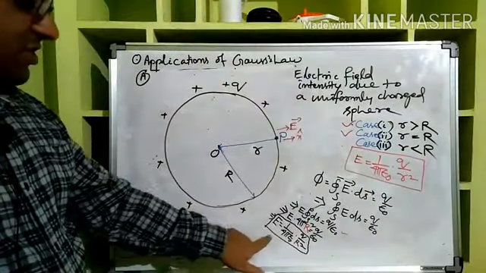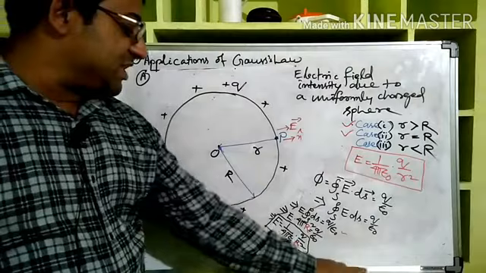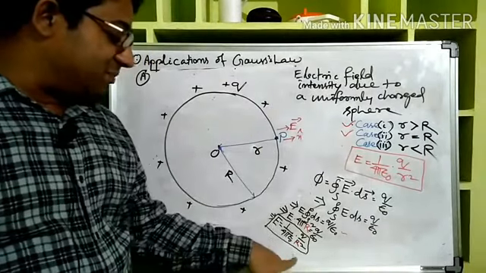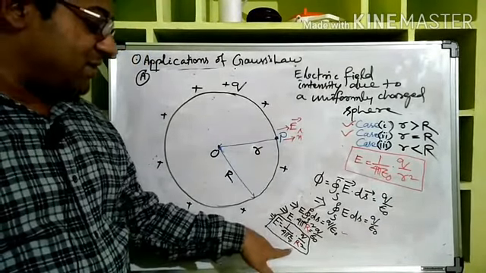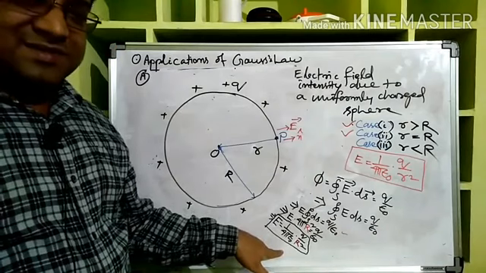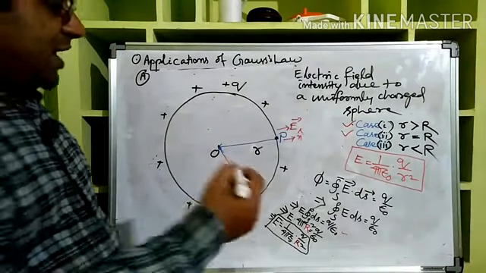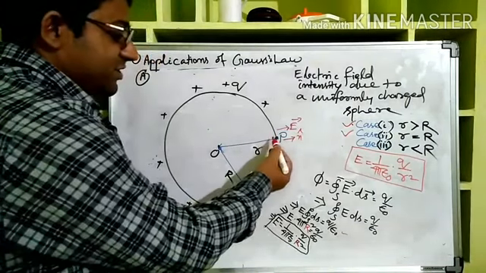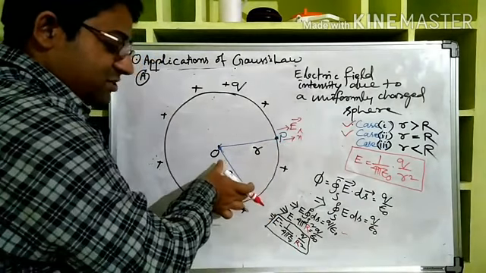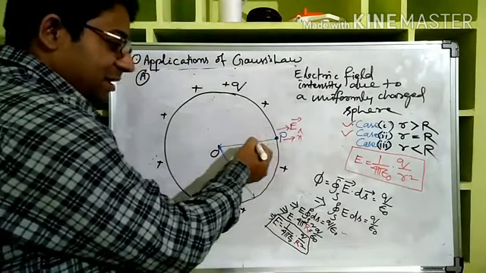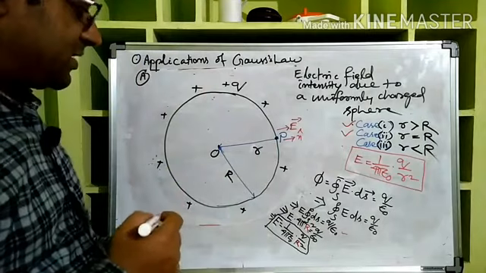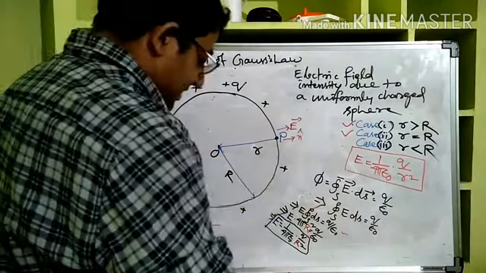Yes or no? In case 1 small r was bigger than capital R, so it was less. Now it's more. What happens if r is still reduced? That means if r is reduced, the point P will come inside the sphere. Yes or no? We will take case 3 now.